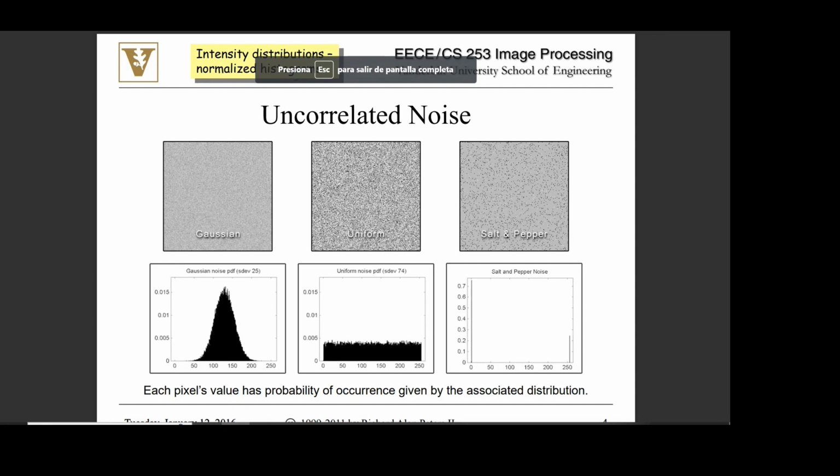And the salt and pepper is, let's say that the image is 128, so that is the mean, and then sometimes you have 255, and some other times you have 0. So you have this kind of distribution with normal values, the gray ones, and then from time to time you have a white point, and from time to time you have a black point.